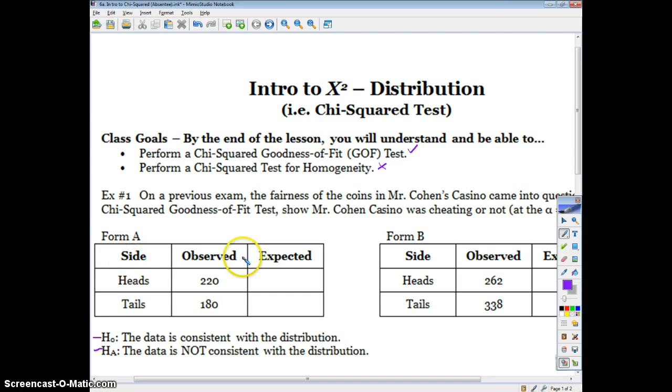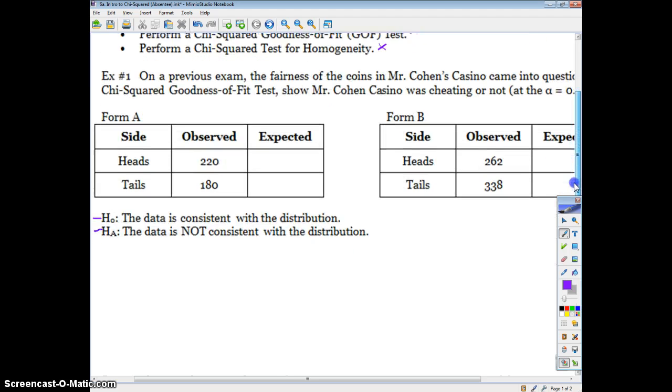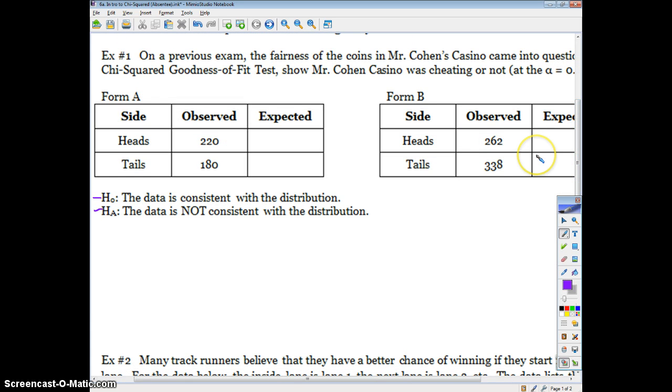For those people on that quiz who had Form A, we saw that the coin in Cohen's casino had 220 heads, which means 180 tails. Now, if we are flipping the coin 400 times, we should expect 0.5 times 400.